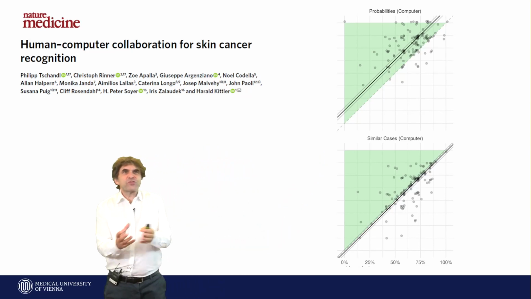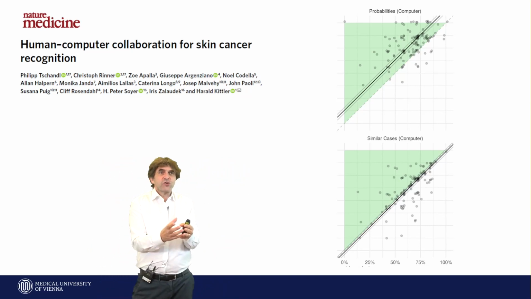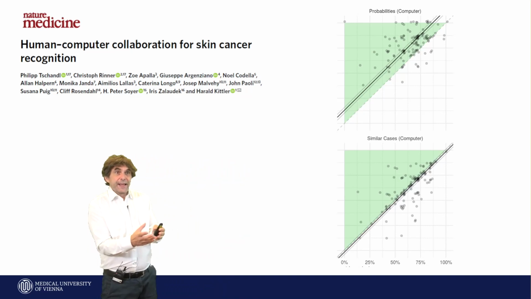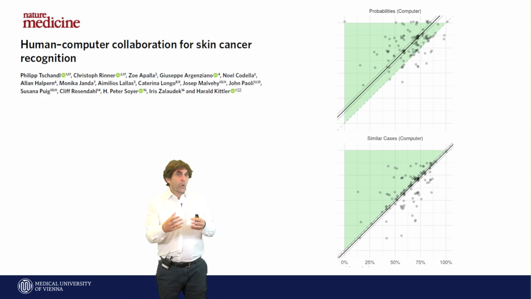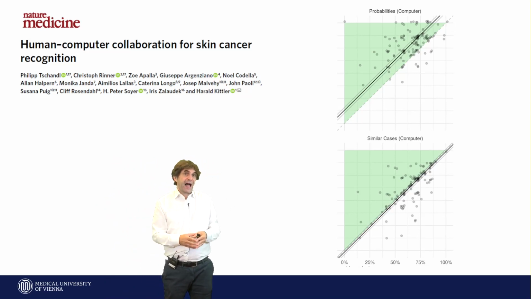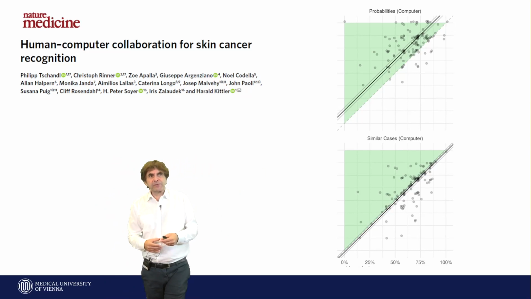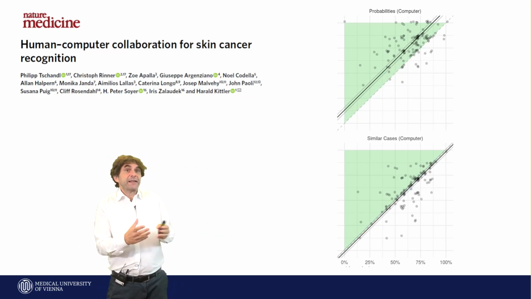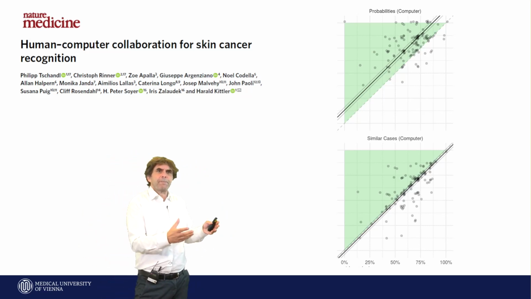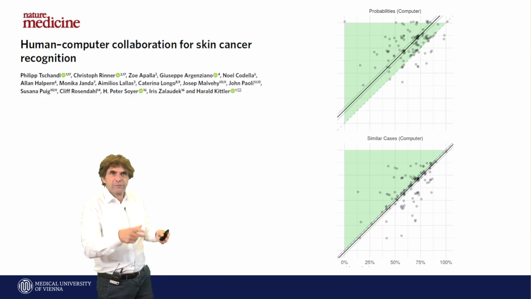So you have to streamline your output to your users, to the physicians. And in this kind of problem, the multi-class probabilities were better than other outputs, like the binary output or the content-based image retrieval. But for every problem, it can be different. Content-based image retrieval can be, for example, beneficial for pathology and so on. You have to find this out.